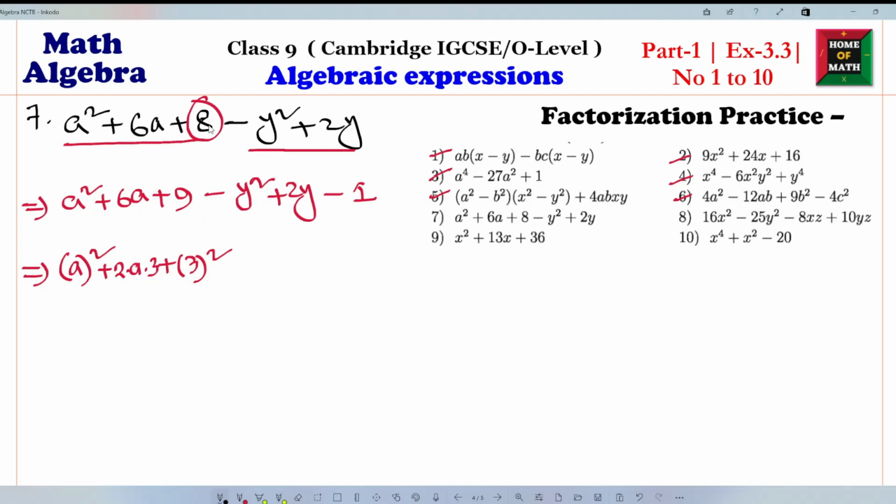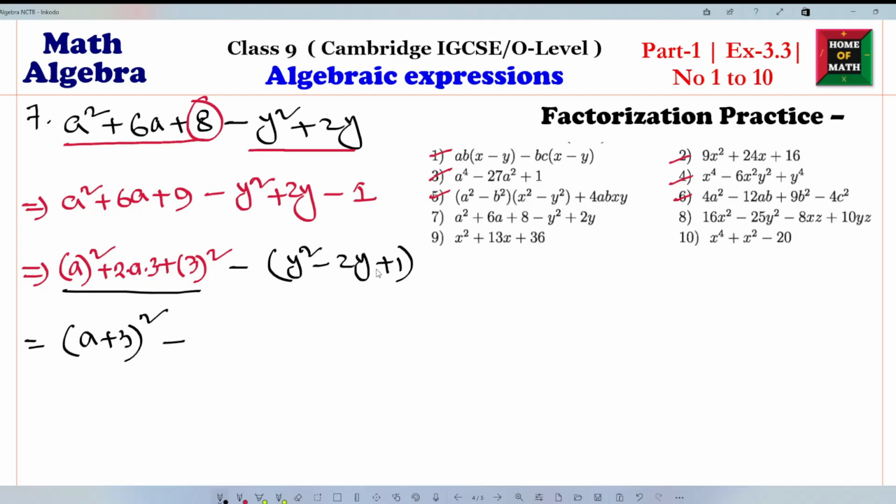Here is 8 but we write 9, and here is minus 1. Here is also a surprising thing, because once we take common minus, here is y square minus 2y plus 1, okay.